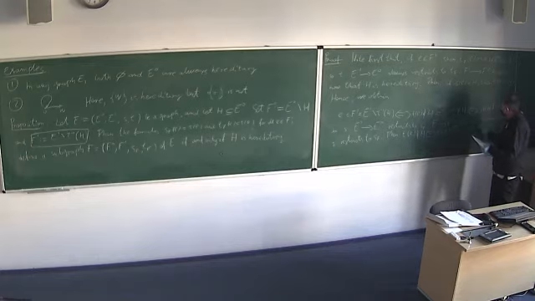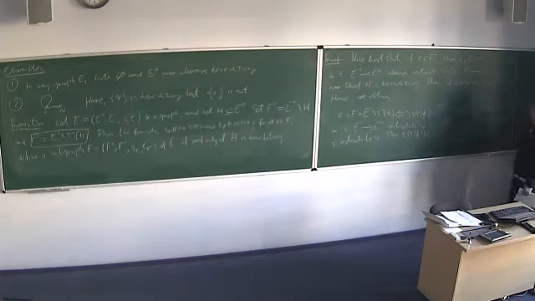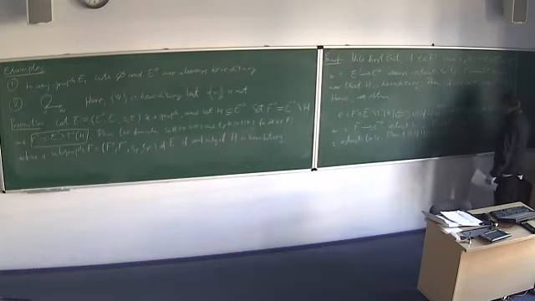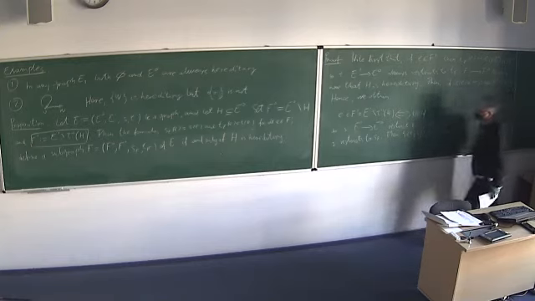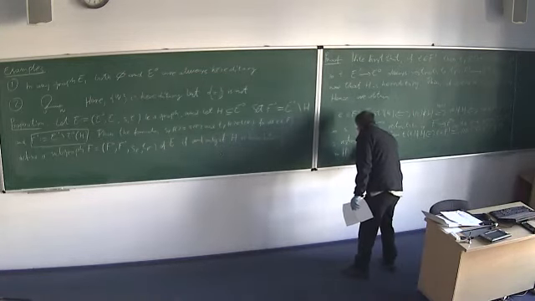But of course, this is if and only if S of E is not in H. So what we have proved then is that if S of E is in H, it implies that T of E is in H, so H is hereditary.